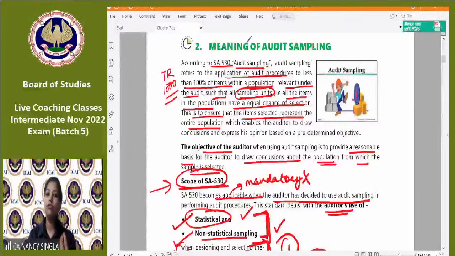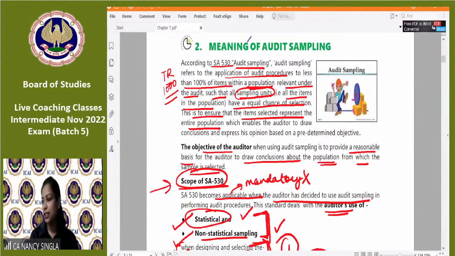An auditor will perform his audit procedures on the sample that has been selected, and whatever result he gets for that sample, he will project it on the entire population. That is, based on the result of the sample, he'll estimate about the entire population. Okay?